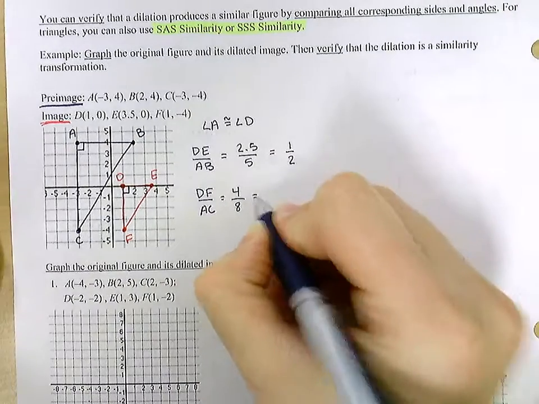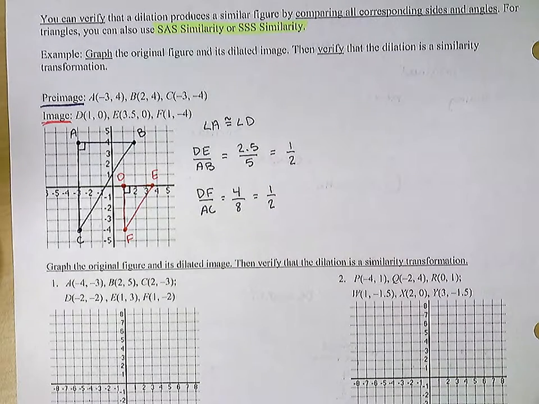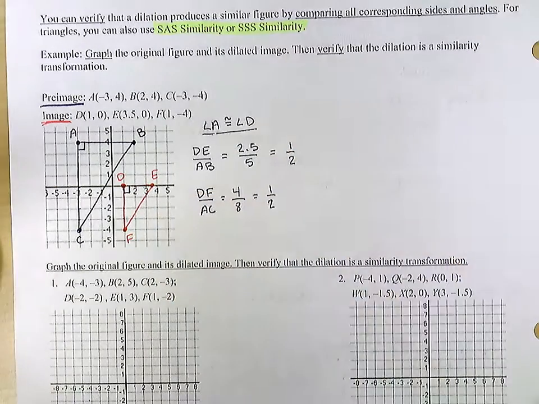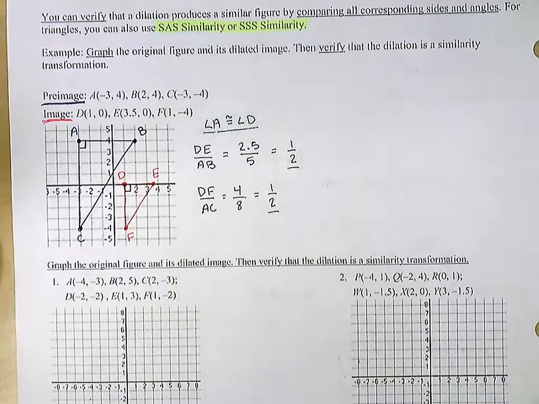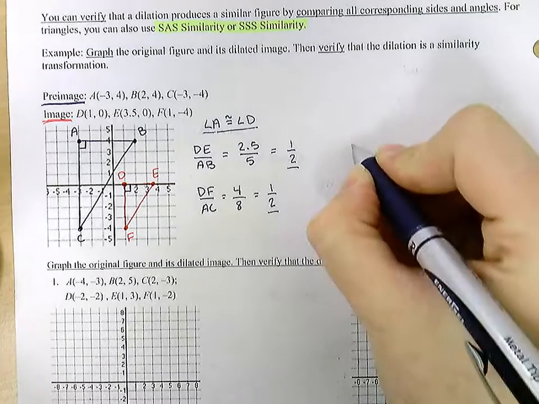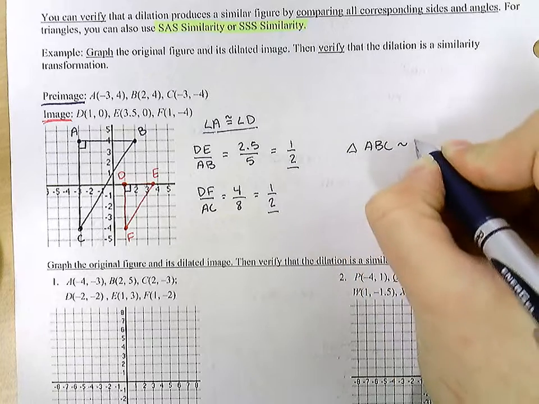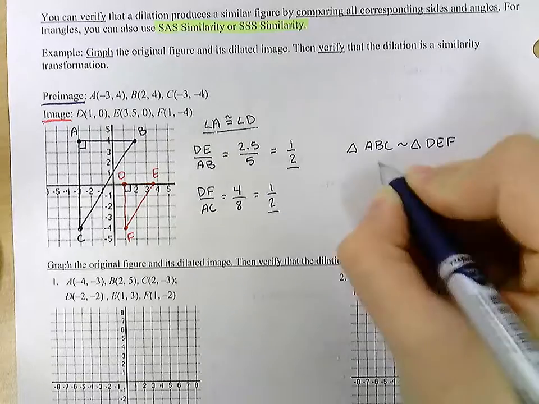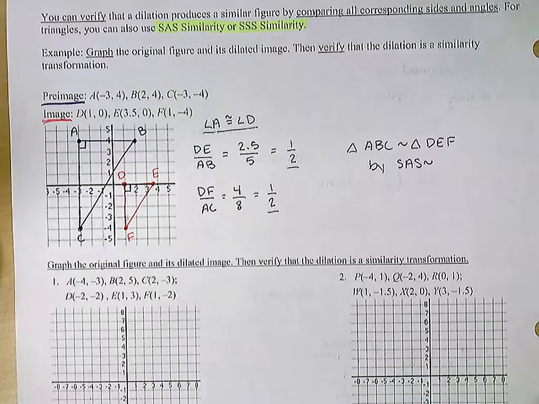I can reduce my ratio then to 1/2. So now, since I have my angles congruent and my sides have the same ratio, I can say triangle ABC is similar to triangle DEF by side angle side similarity.